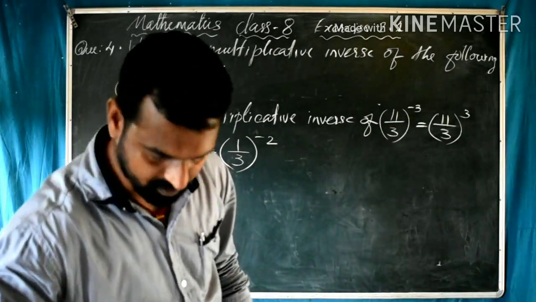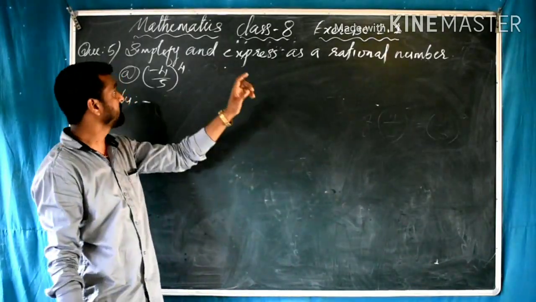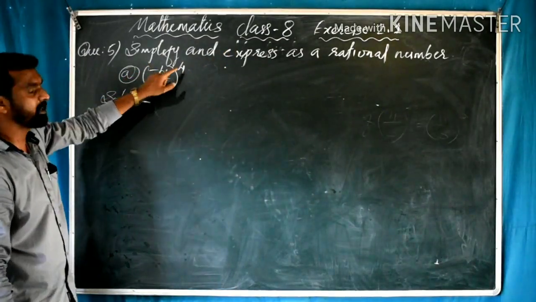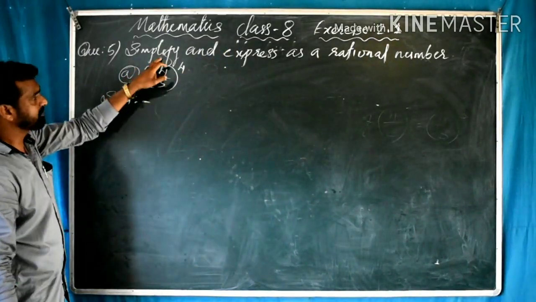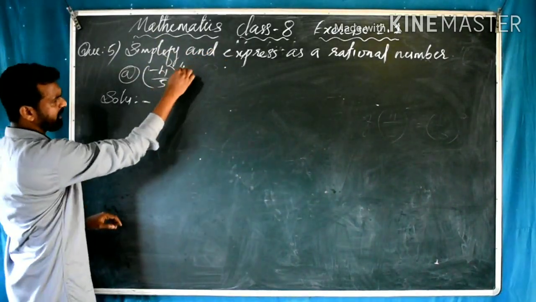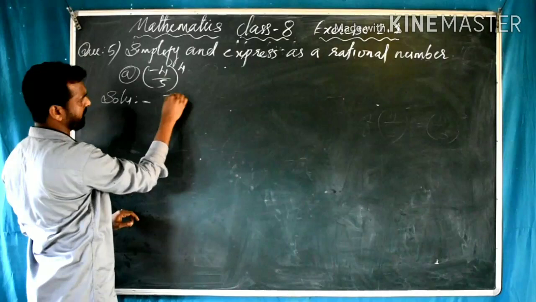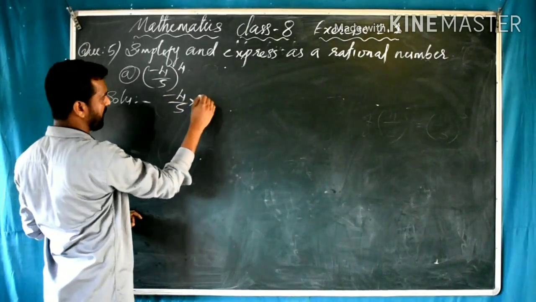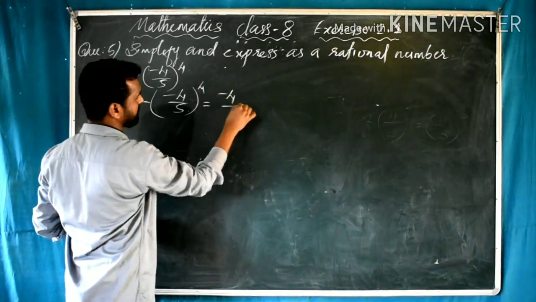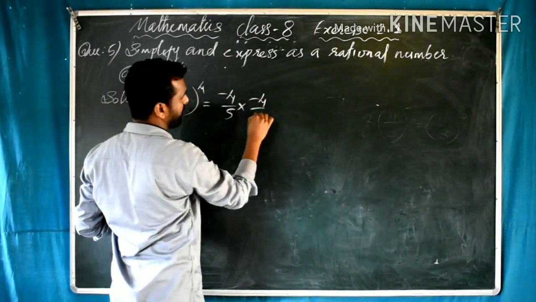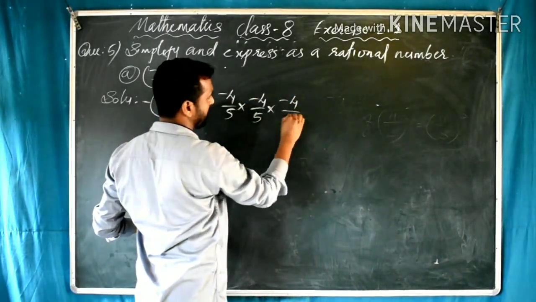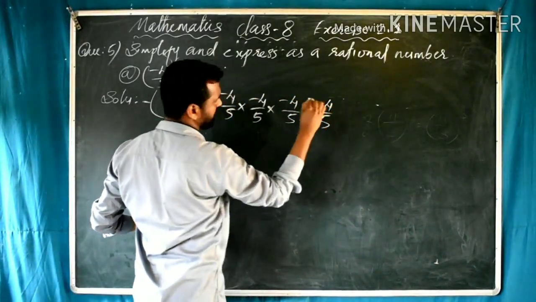Okay, let's do question number 5: simplify and express as a rational number minus 4 by 5 raised to 4. We have to simplify it and then express it as a rational number. Minus 4 by 5 raised to 4 is equal to minus 4 by 5 multiplied 4 times: minus 4 by 5 into minus 4 by 5 into minus 4 by 5 into minus 4 by 5.